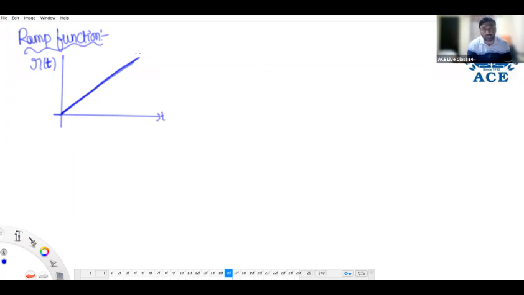Can you tell me what is the differentiation of these functions? Differentiation of ramp is the step function.